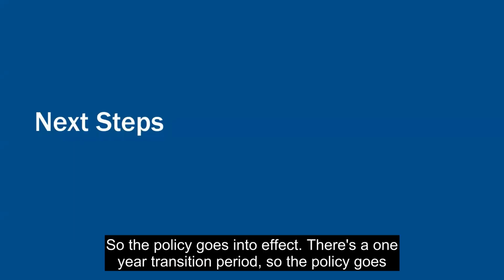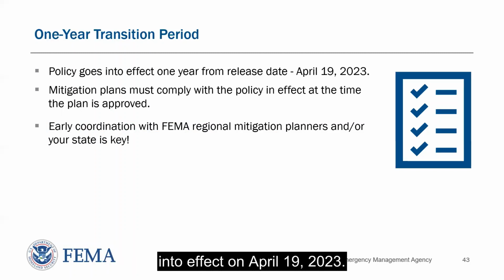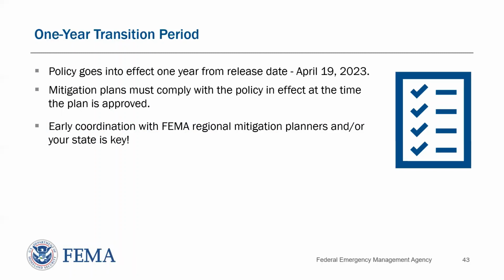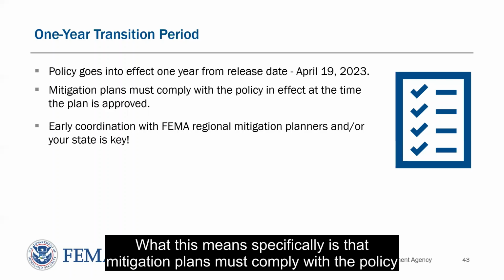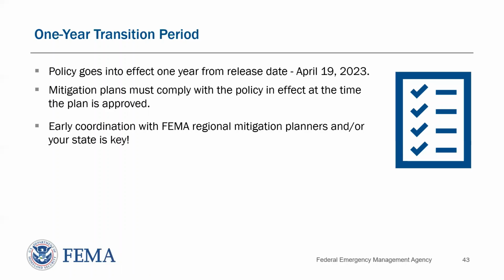So the policy goes into effect, there's a one-year transition period. The policy goes into effect on April 19, 2023. What this means specifically is that mitigation plans must comply with the policy in effect when the plan is approved.